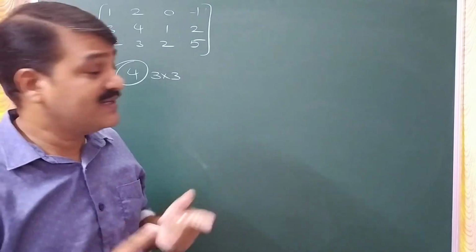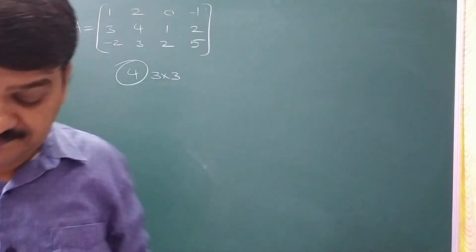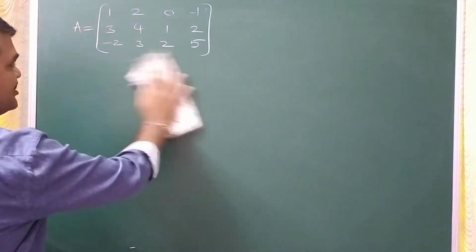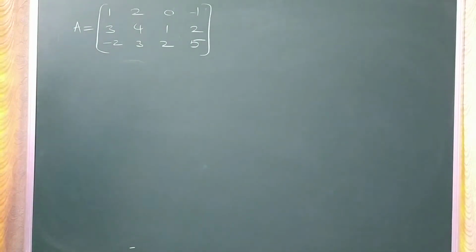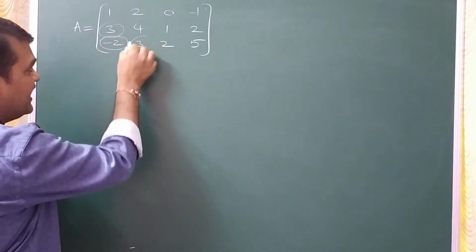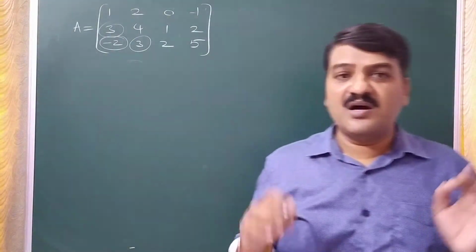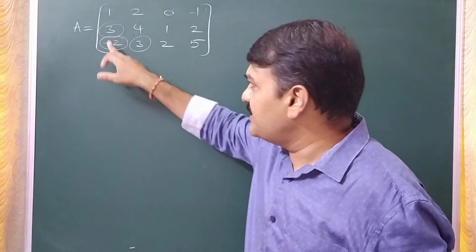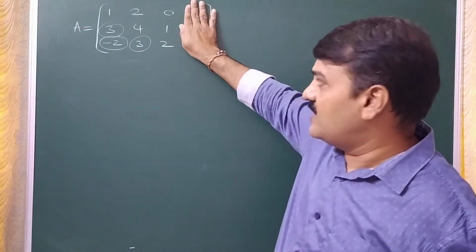It is difficult. So by using elementary transformations, it is going to be easy. Just in 2 steps we can find the rank of a matrix. What you have to try to do is get zeros in these 2 places and this place. For any 3 by 4 or 3 by 3 matrix also, you try to get zeros in these 3 places, leaving the last column.